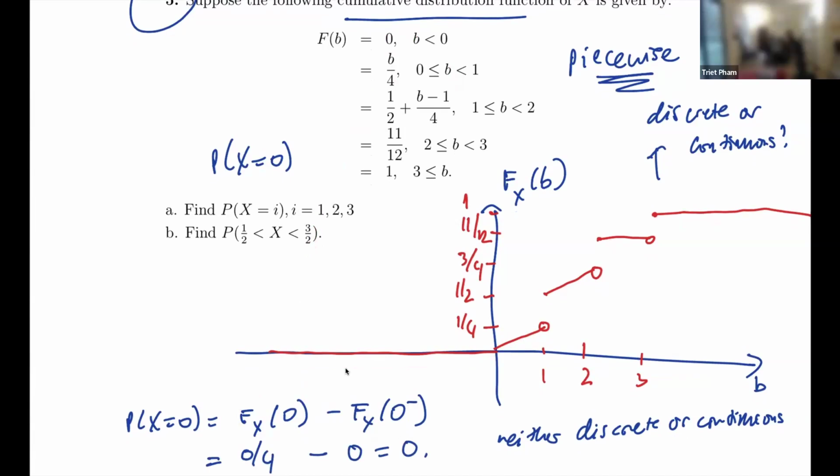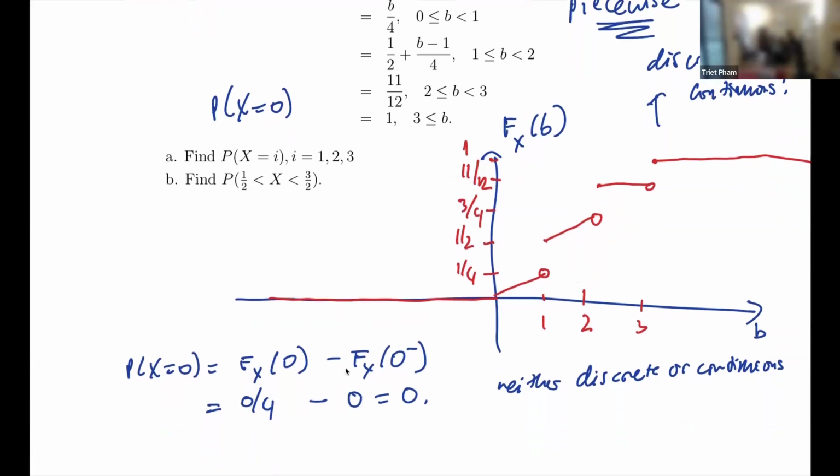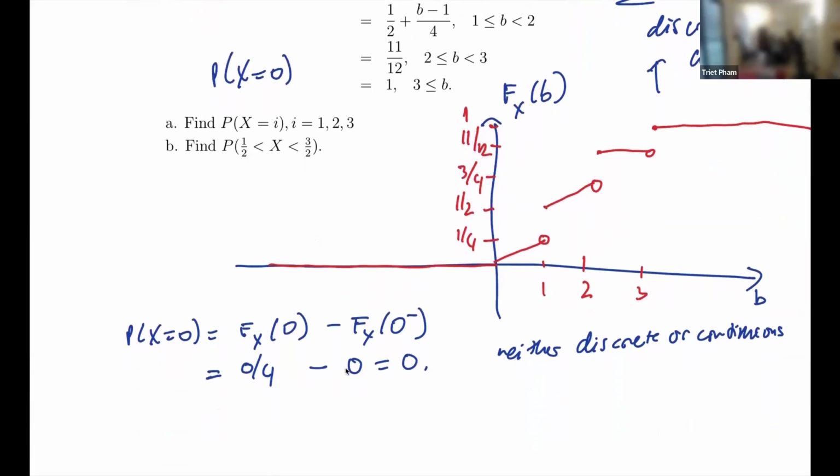Okay, but 1 and 2 and 3 are. Any question about this? All right. So let's answer part A. What are these?